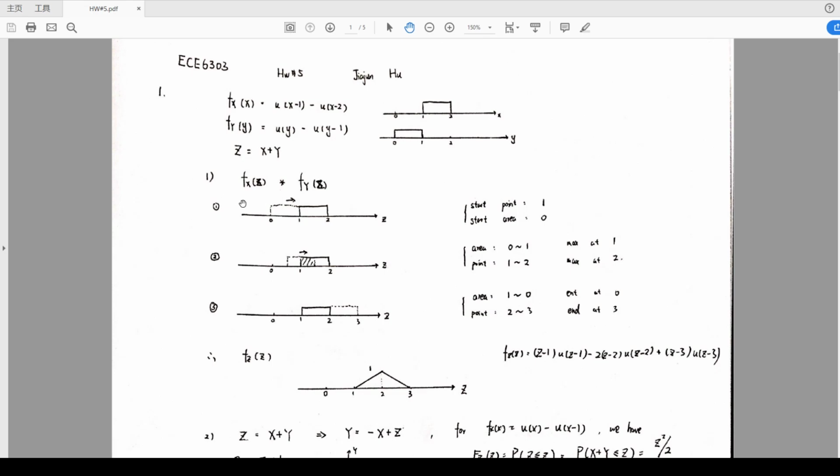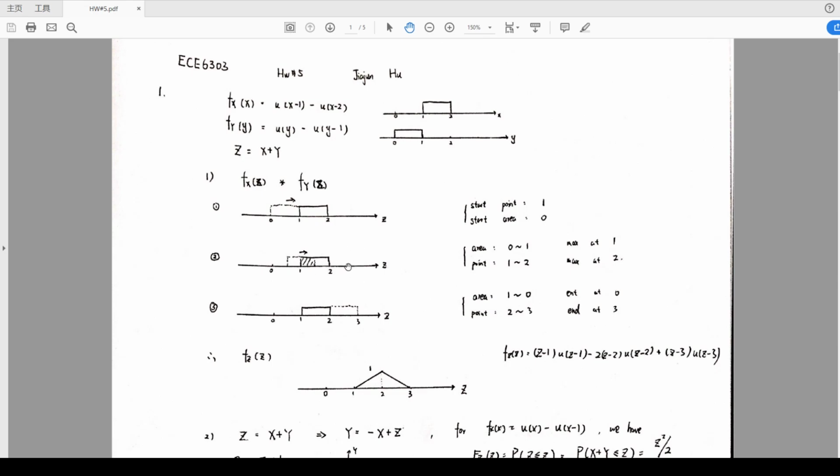Then we move the Y to the right, and it starts to have the common area, which is when Y is from 1 to 2, and the area is from 0 to 1. So the area is just the base times the height. It's linear.